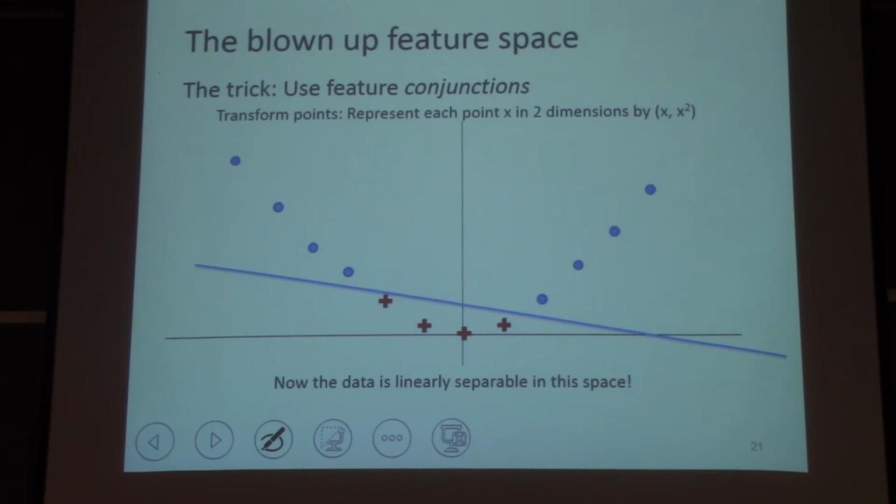Now, just to make this point clearer, every point in the original data was transformed to this new space. Original points lived on the line. Now with this transformation, I have taken these points from the line to the plane. And on this plane, I can now separate the positives and the negatives. Does this make sense? Questions?